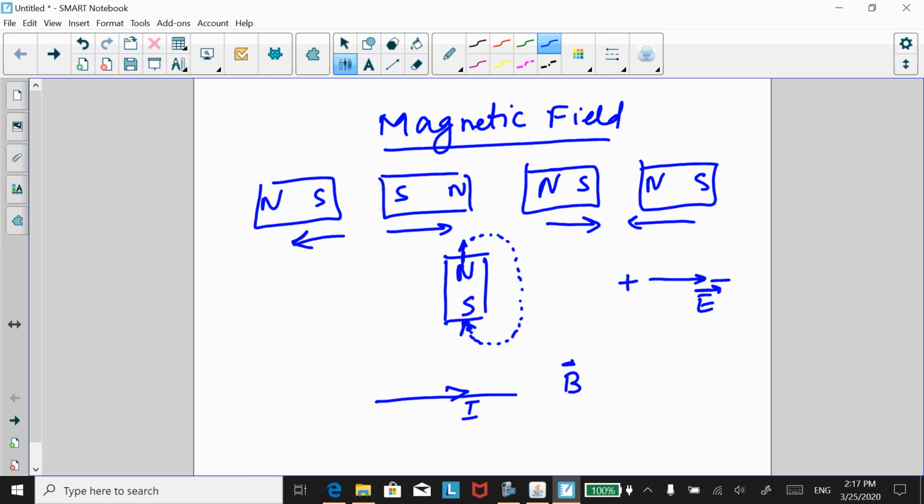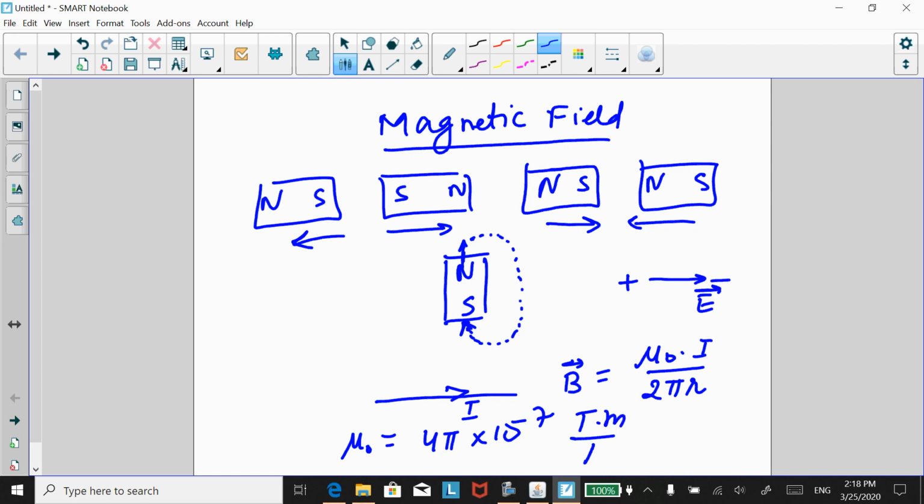So the magnetic field B can be found by mu naught times I divided by 2 pi r, where mu naught is the permeability of free space. It's a constant: mu naught is 4 pi times 10 to the minus 7 Tesla meter per amp.